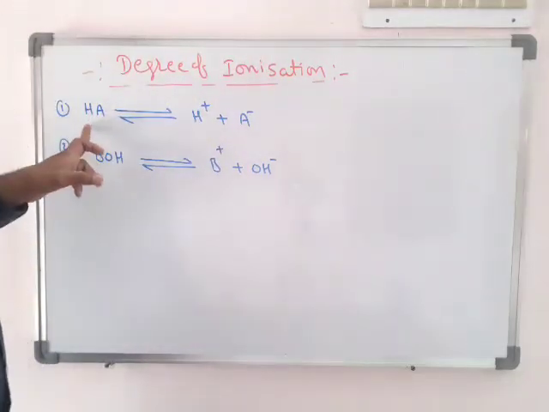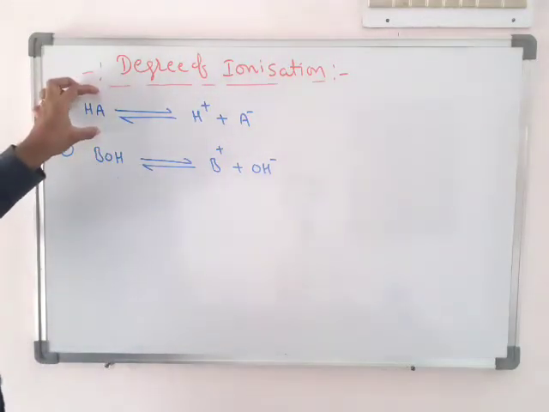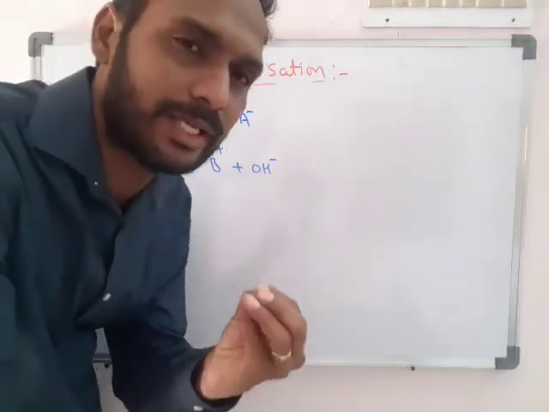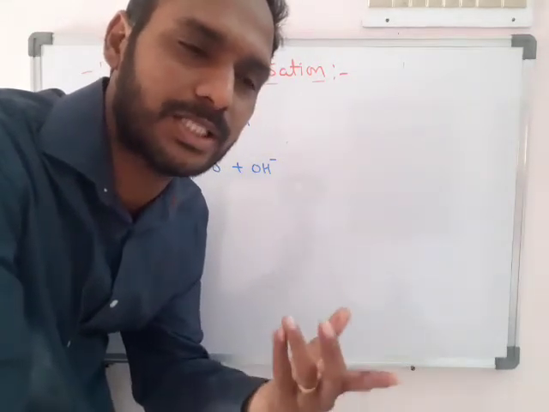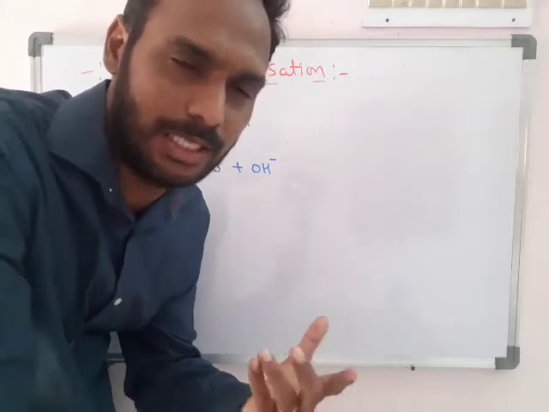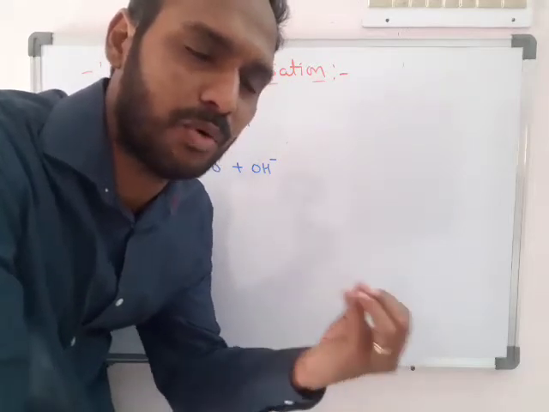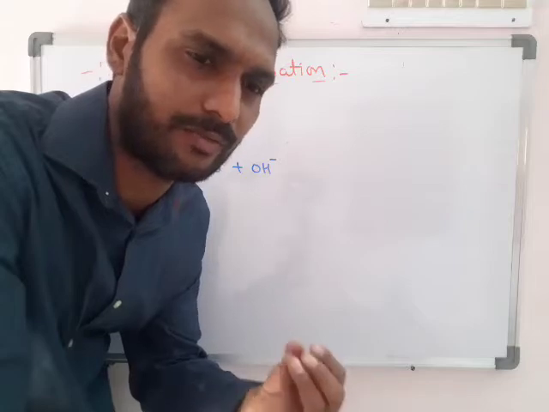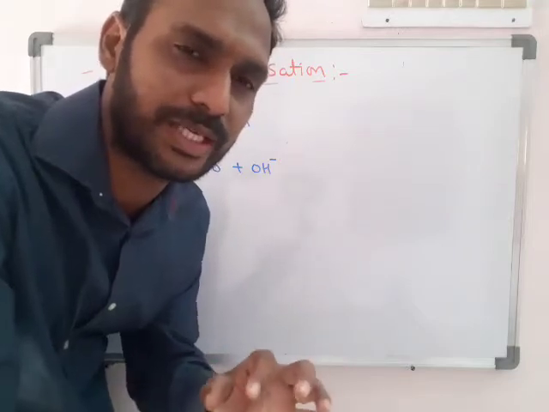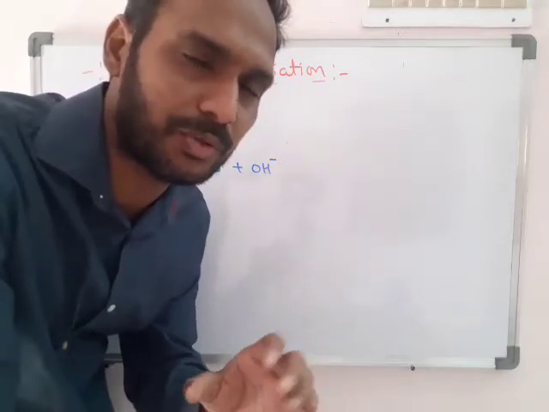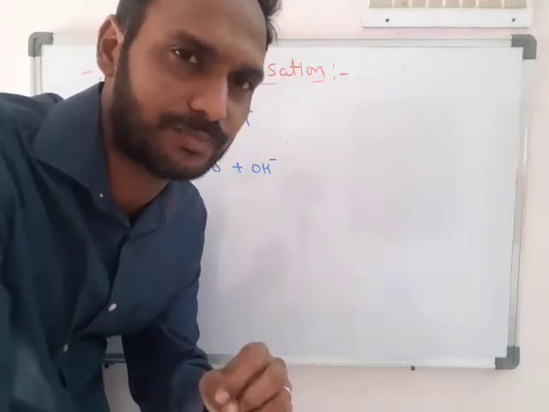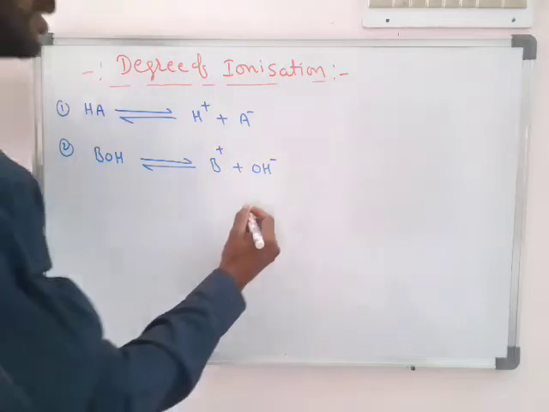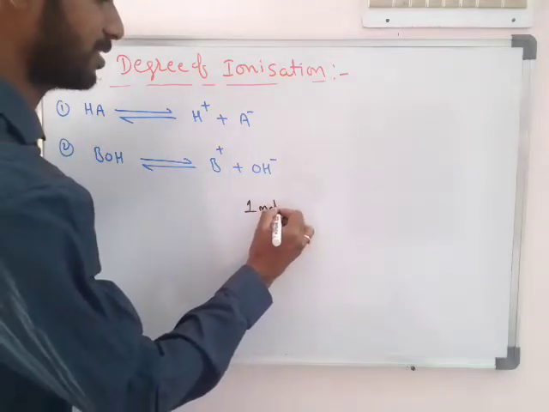If you take some amount of HA, whatever HA is taken, if it totally dissociates, means if it 100% dissociates, then a more number of H plus are released. For example, if you take hydrochloric acid, for our convenience I am taking 1 mole of HCl.